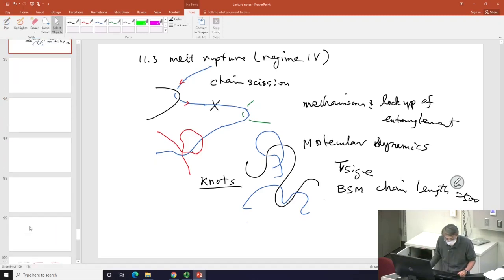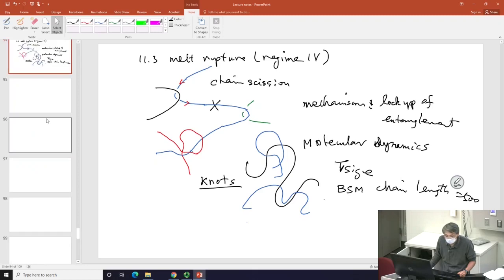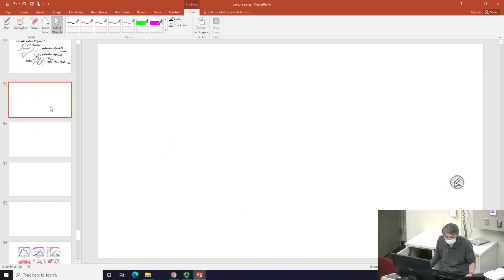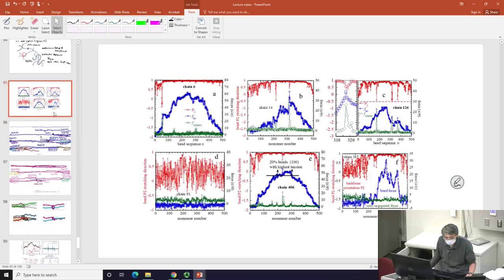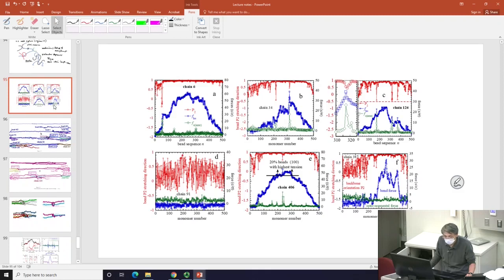I can see that these slides are all unnecessary now, and I will just start by describing some features. That's the beauty of simulation, right? You have access to all the information. So you have a lot of chains. The student labeled these, at least 5 or 6 different chains.